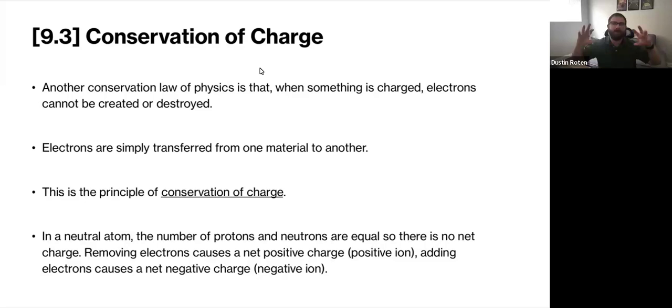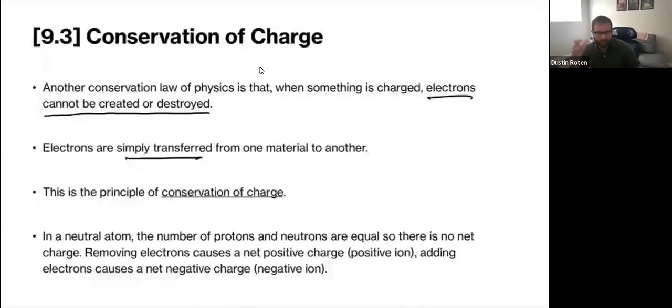What that means is essentially electrons cannot be created or destroyed. They're essentially a fundamental part. Since they can't be created or destroyed, when you charge something up, like with static electricity, that just means you're moving electrons around. They're simply transferred from one material to another. And this is the whole idea behind conservation of charge.